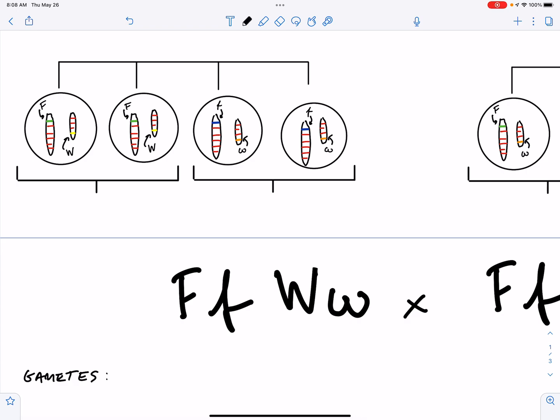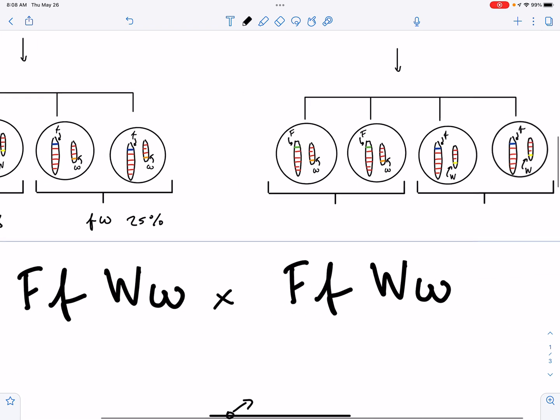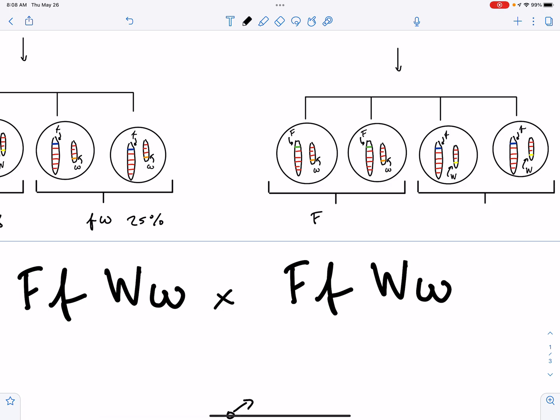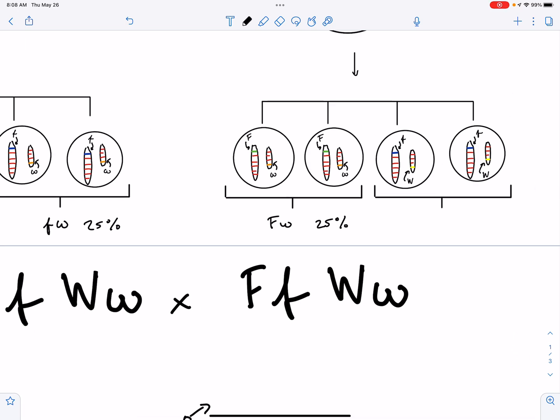So 25% of their gametes will have freckles allele and widow's peak allele. 25% will have freckleless and straight hairline. 25% will have freckles allele with straight hairline allele, and 25% will have no freckles, widow's peak allele together.